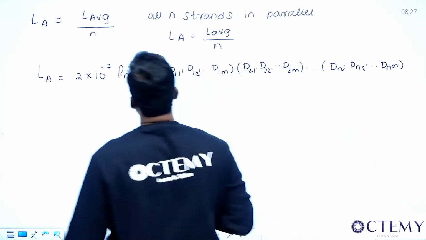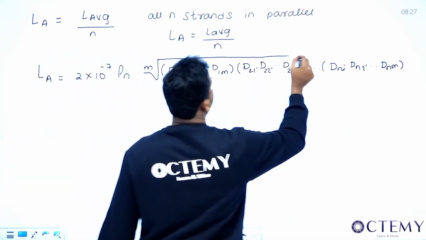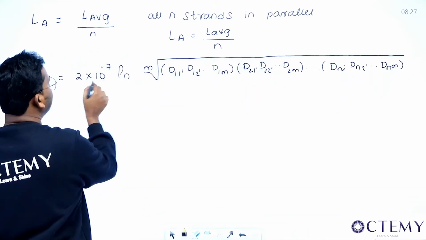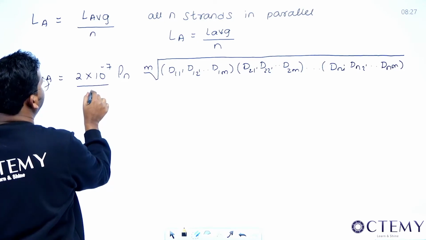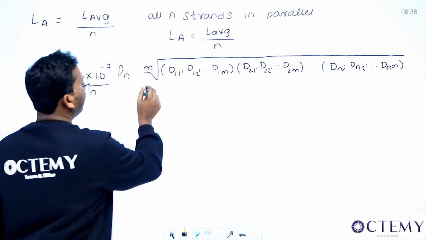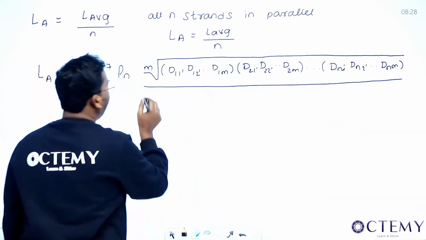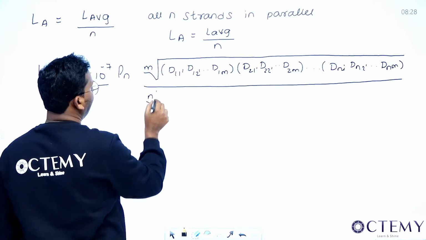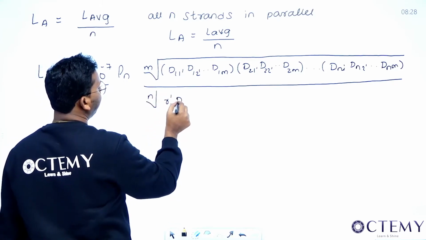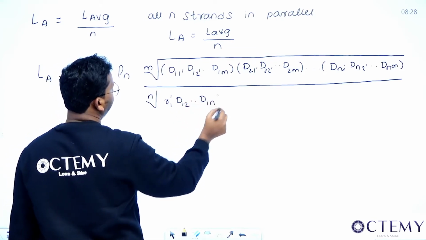This is already there, and you will get this mth root. I have to get divided by n here because this is the average divided by n. So let me write it and then I will conclude it. Divided by nth root of this is r1 dash, distance between 1 and 2, and then so on, distance between 1 and n.